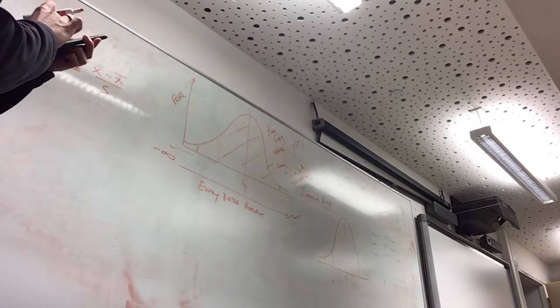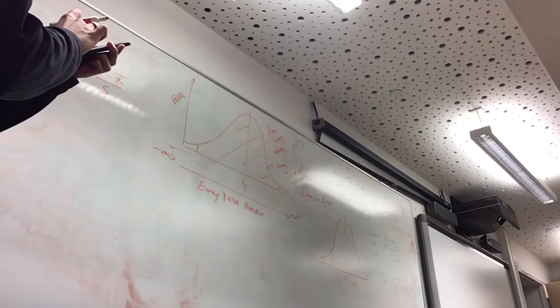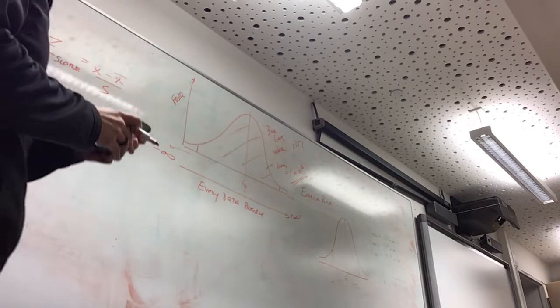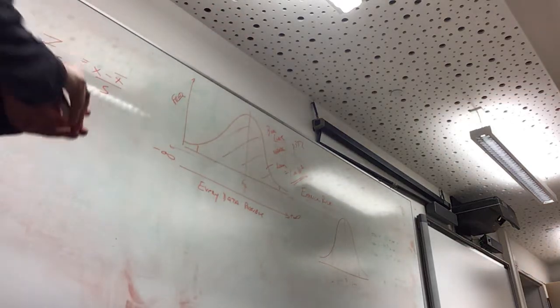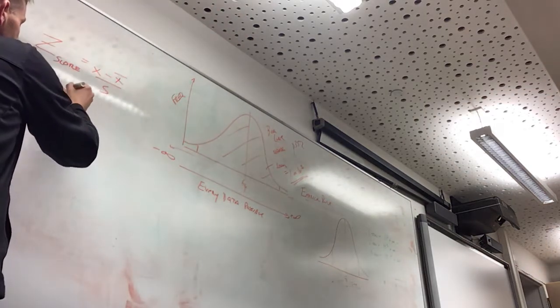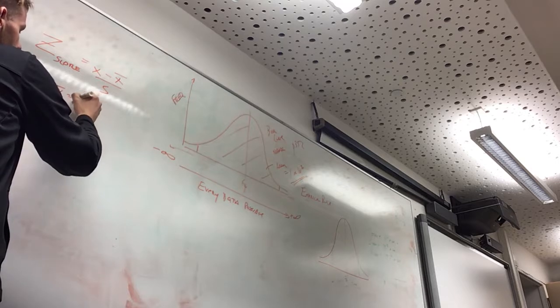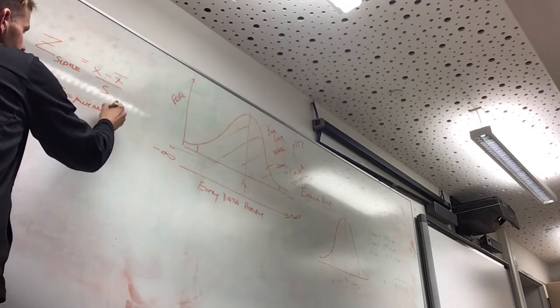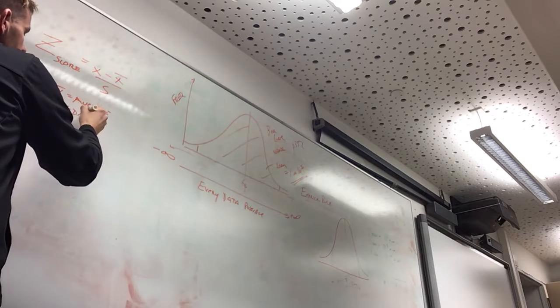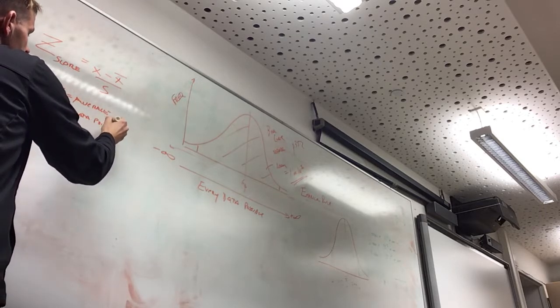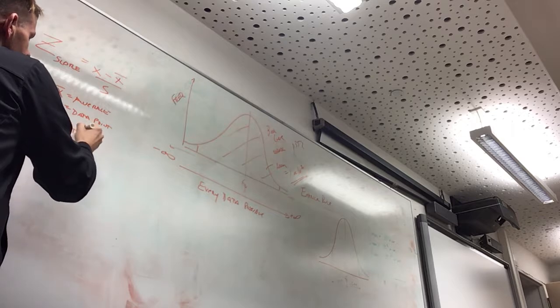The z-score measure is the number of standard deviations between some data value and the mean. Okay? So x bar is your average, x is going to be your data point, s is your standard deviation.